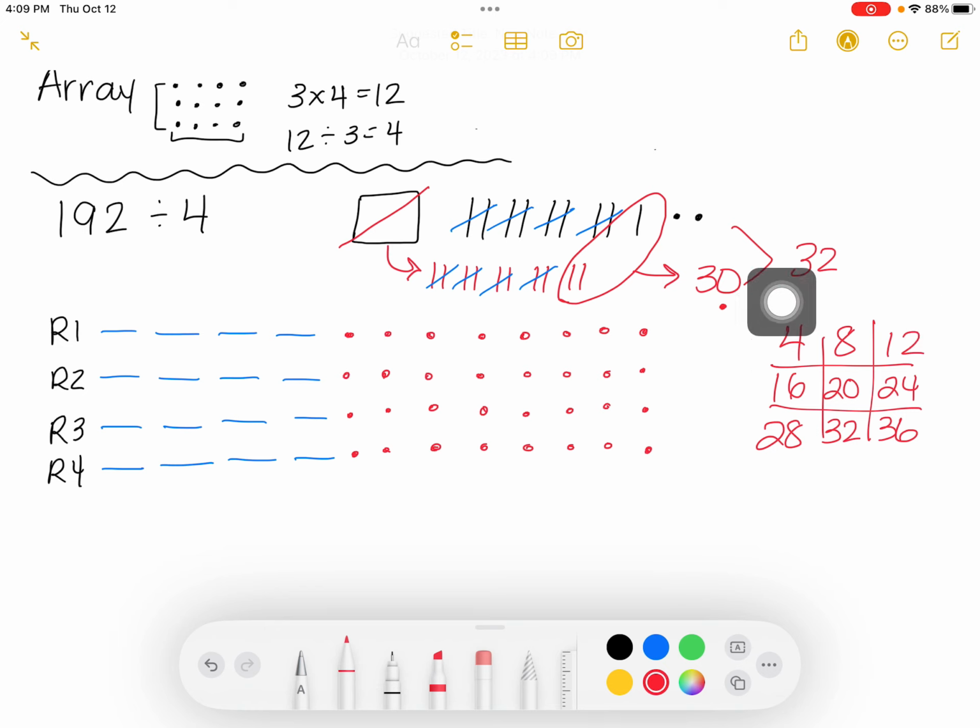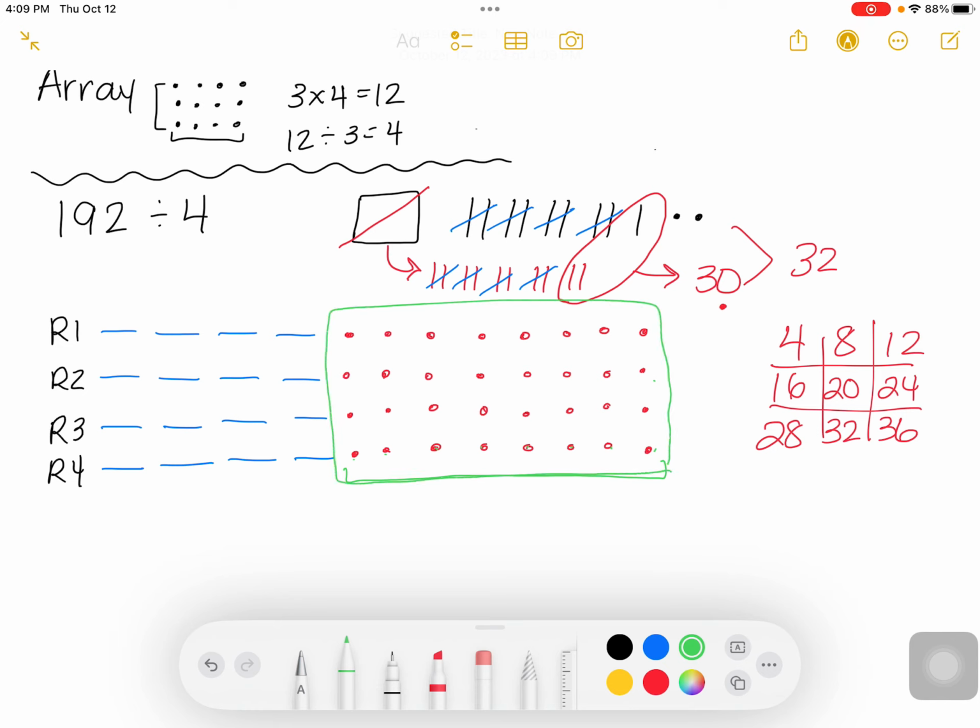When I list out my multiplication facts, I can see right here that 32 is 4 groups of 8. So right here, this is represented that when I did the 4, it was 1, 2, 3, 4 rows, and each row has 1, 2, 3, 4, 5, 6, 7, 8. So this represents those 4 rows of 8. So that's where I got rid of my 32.